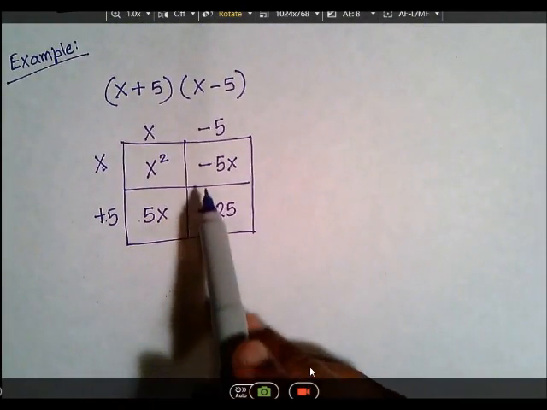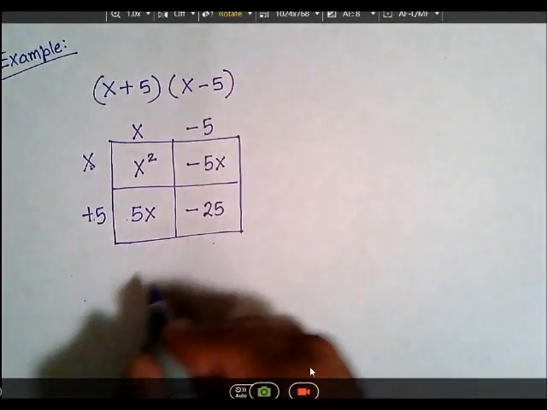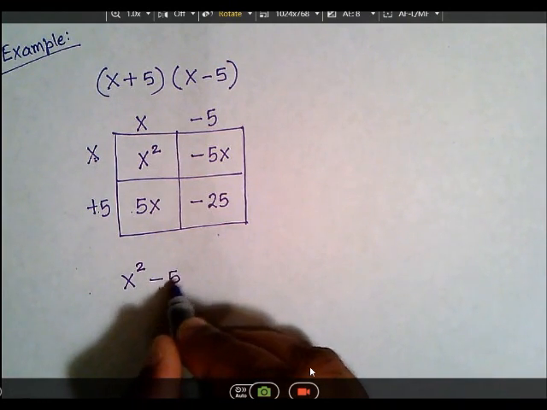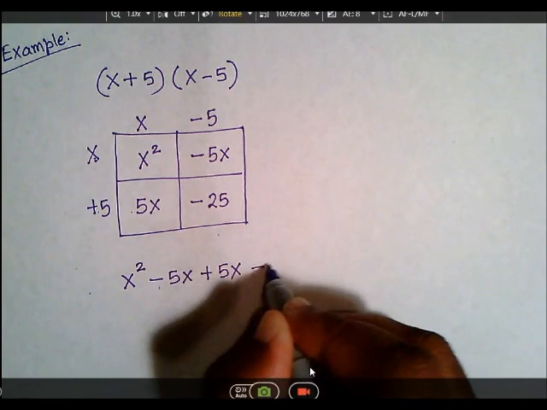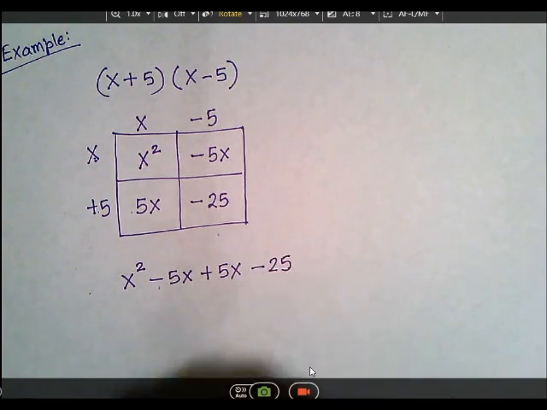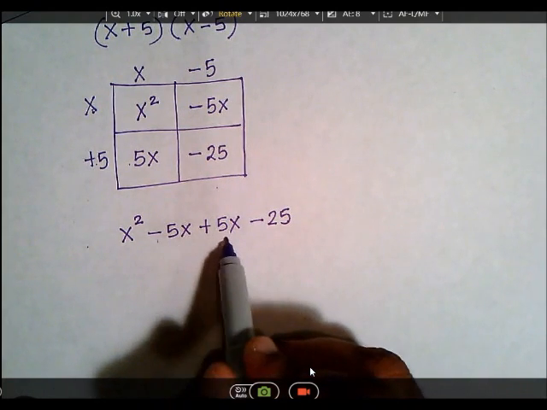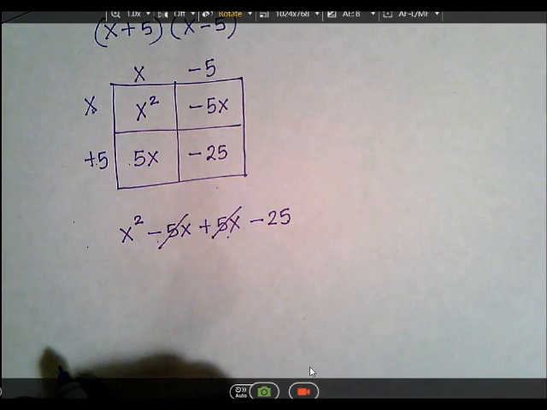Alright, now I want to put all the terms that I got together by writing it as a single polynomial. So I got x squared minus 5x plus 5x minus 25. Now combining like terms, the negative 5x and the positive 5x are going to cancel each other out.